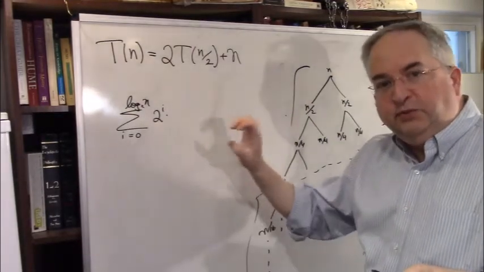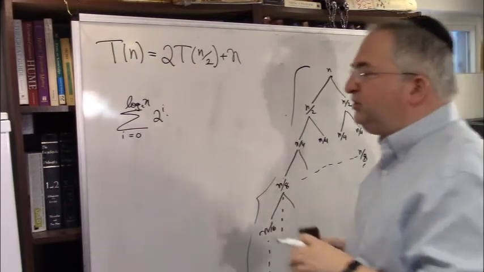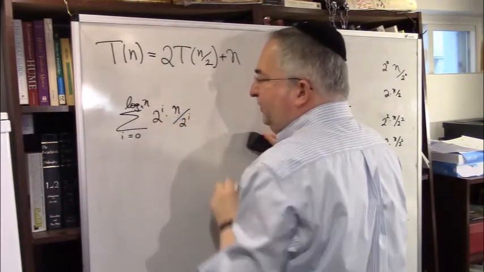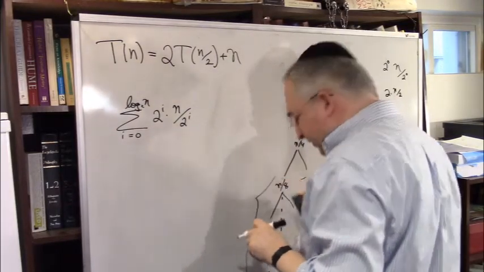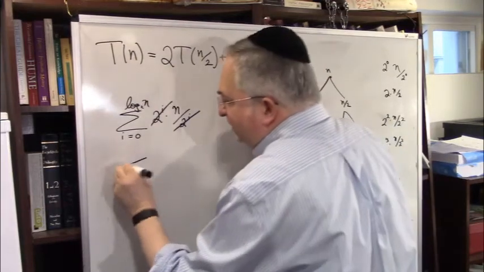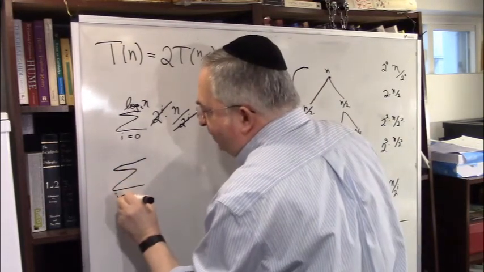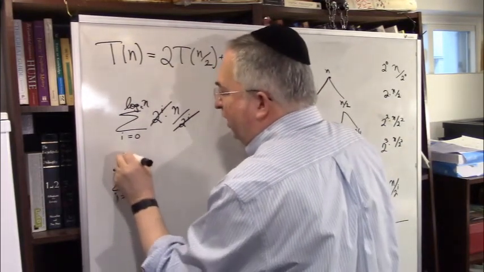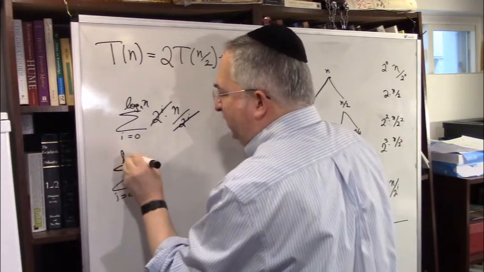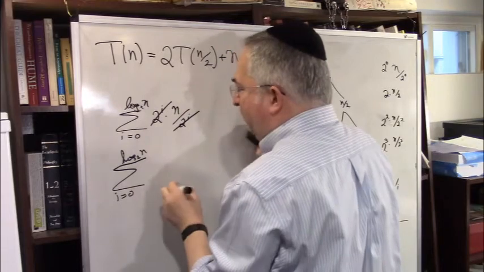In the next example, we're always going to do it this way. So let's do it. This is n divided by 2 to the I. Okay, good. Now, cross this out, and so you get I equals 0 to log base 2 of n of what? Of n.